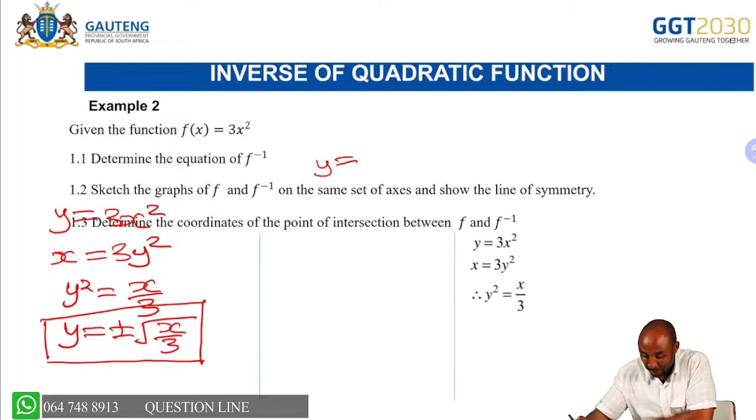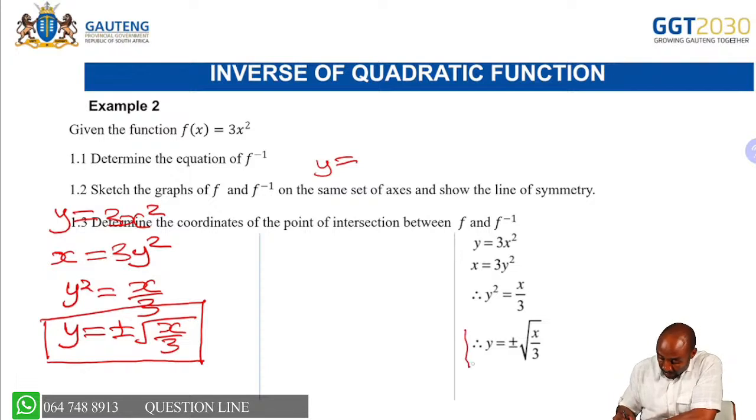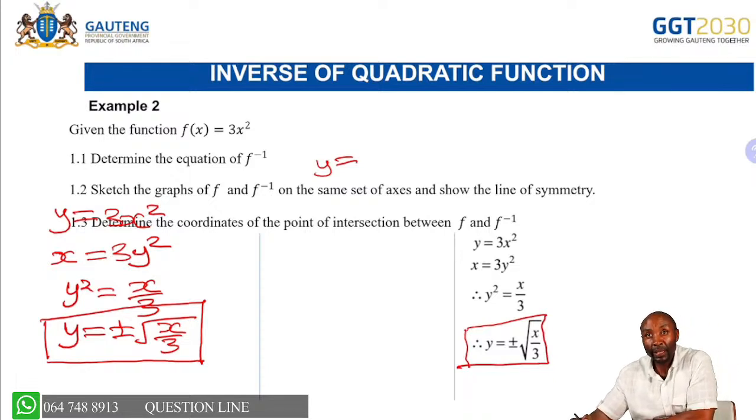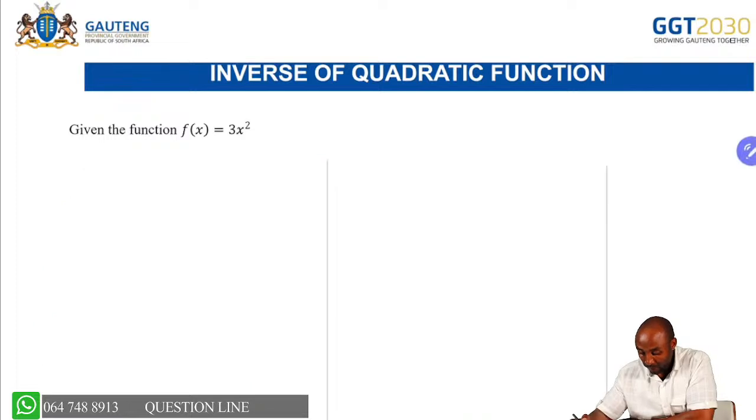We interchanged x and y and made y the subject, and we got y is equal to plus or minus the square root of x over 3. But remember, we said this inverse will not be a function because it's a one-to-many. Let's move along.